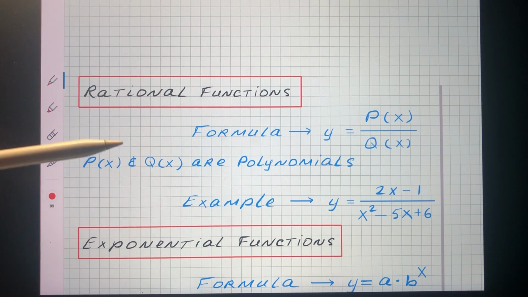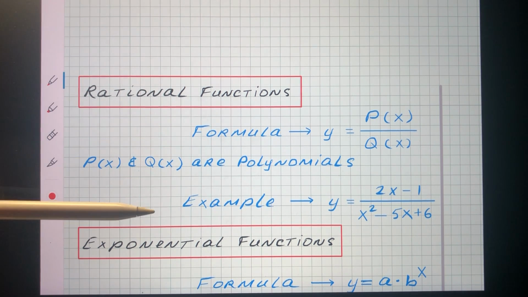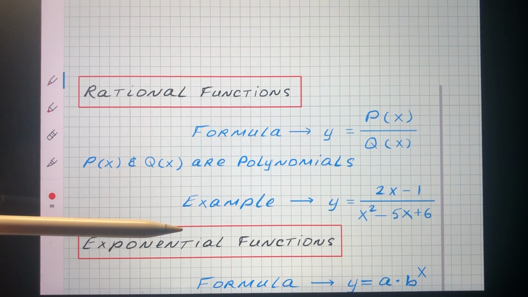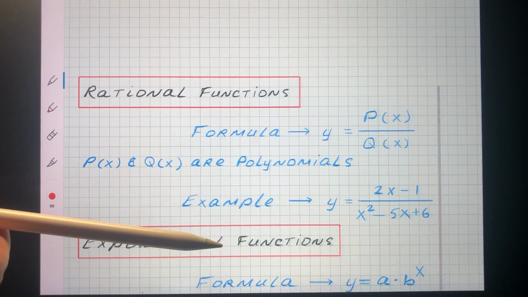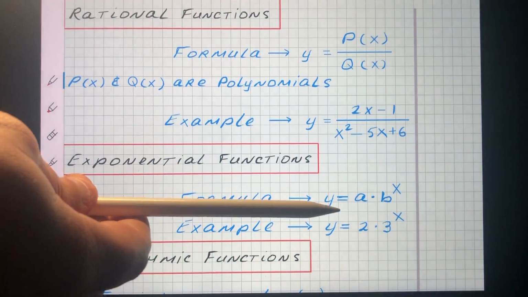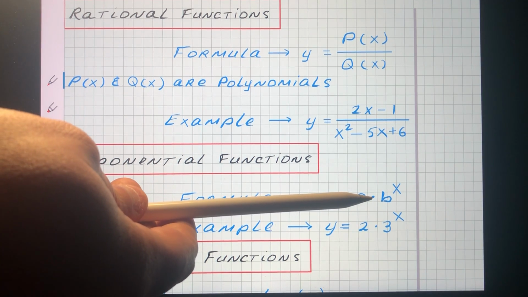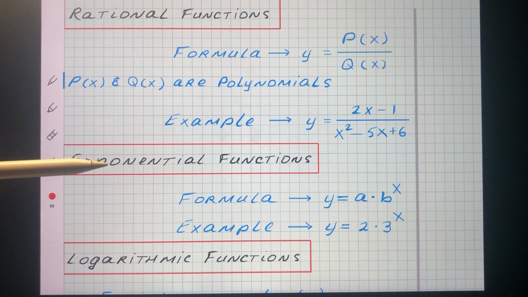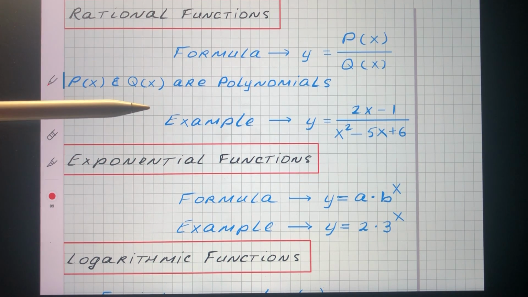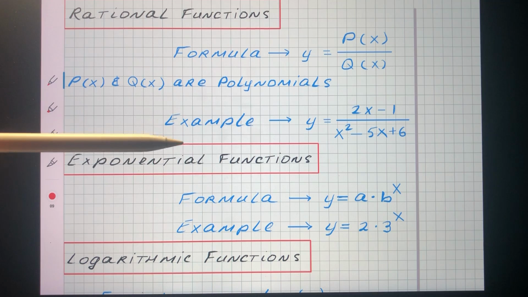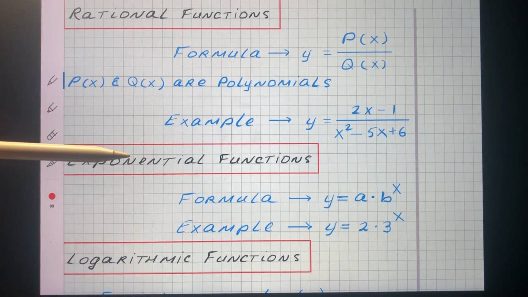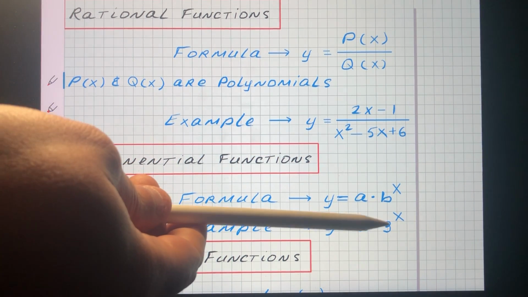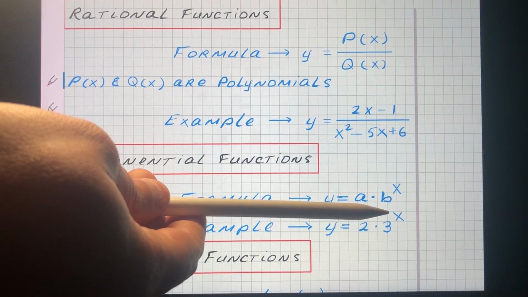After the rational functions, we often look at exponential functions. The formula for the exponential functions is y equals some number times some other number to the power x. The exponential functions are very different from the polynomials in that with the exponential functions we have the base that is fixed, but the power is always changing.